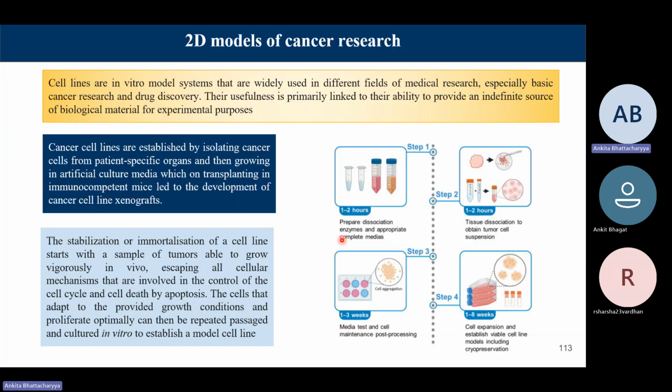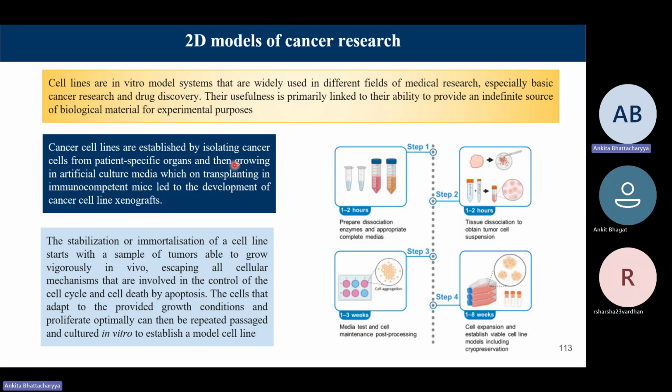Then we had quite an extensive discussion about how you can establish 2D models for cancer research, which of course most predominantly are cell lines, especially because they provide an indefinite source of biological material to your lab for experimental purposes. The way in which they're established is that you isolate cancer cells from patients, and then they are grown in a specifically defined culture media, which can then also be transplanted into immunocompetent mice, and then you generate xenografts for the same.